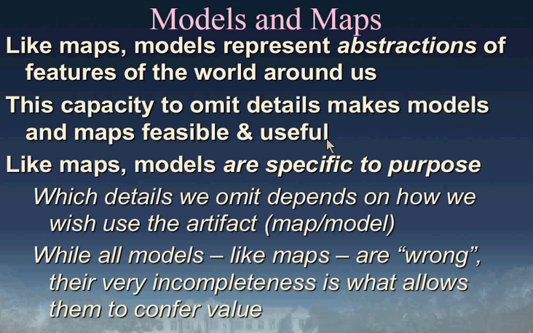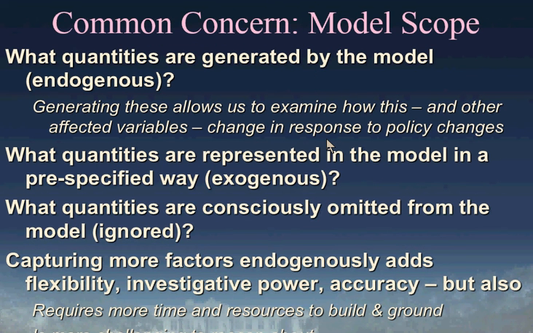Now, the caution here is with models, it's more difficult to ascertain a priori what information should be omitted. But we're always dealing with an incomplete hypothesis, a hypothesis that doesn't include all the details. And all models like this include three types of categories. Some categories are endogenous, that are simulated within the model.